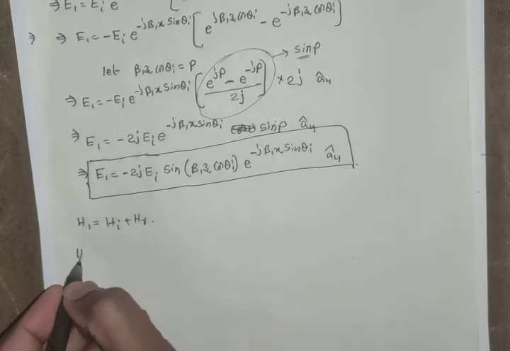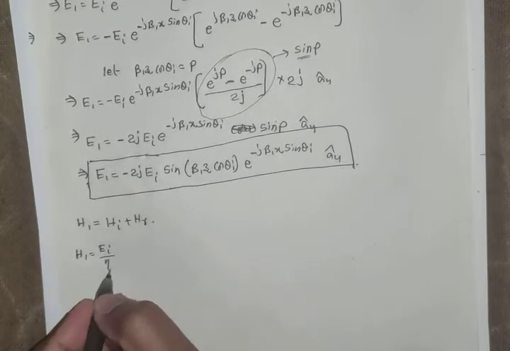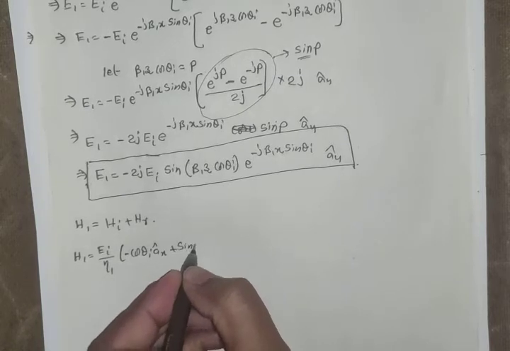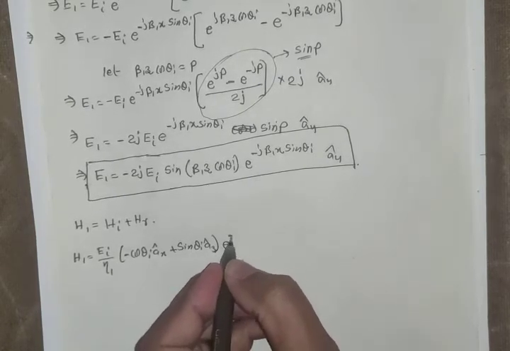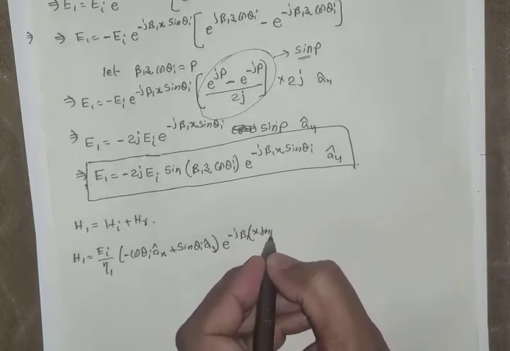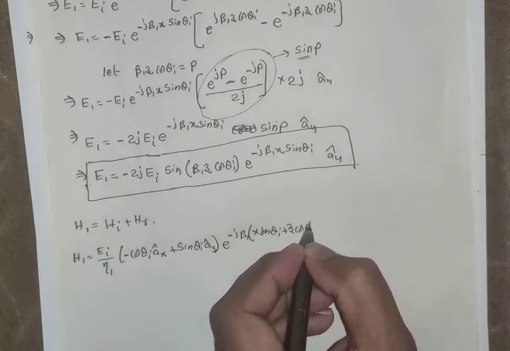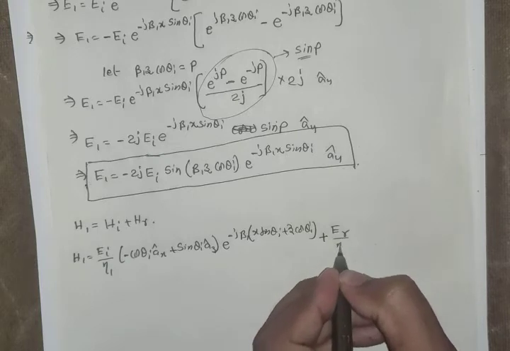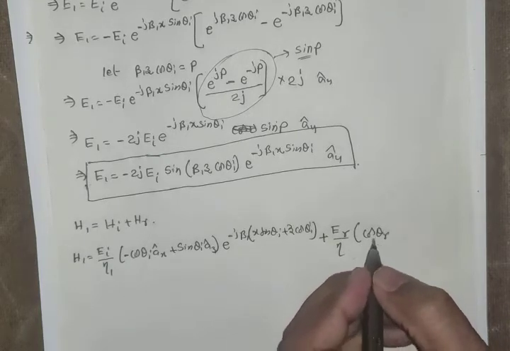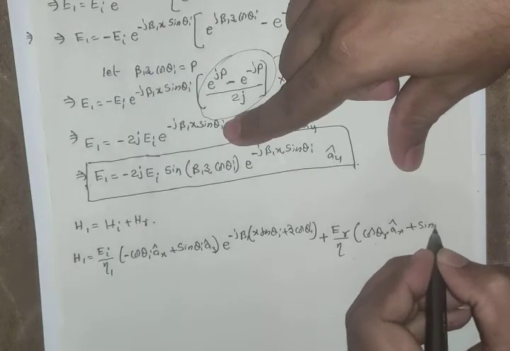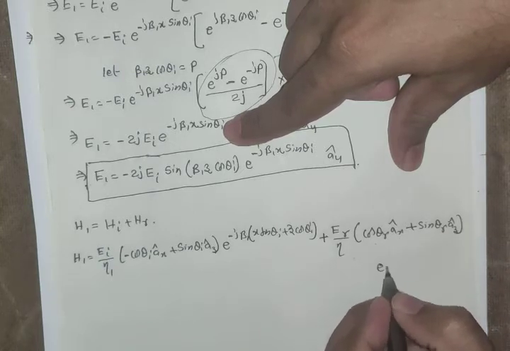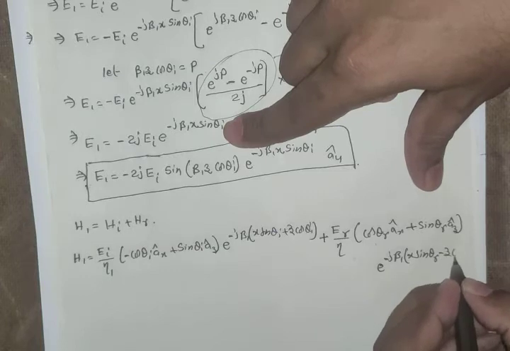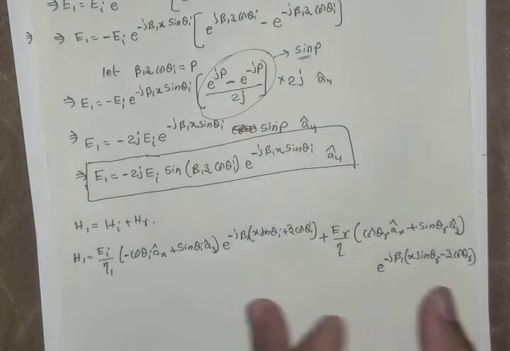Hi equals Ei by eta 1 into minus cos theta I into ax cap plus sin theta I into az cap into e to the power of minus j beta 1 into x sin theta I plus z cos theta I. Similarly Hr is given by Er by eta 1 into cos theta r into ax cap plus sin theta r into az cap into e to the power of minus j beta 1 into x sin theta r minus z cos theta r. So this is the representation for H1.